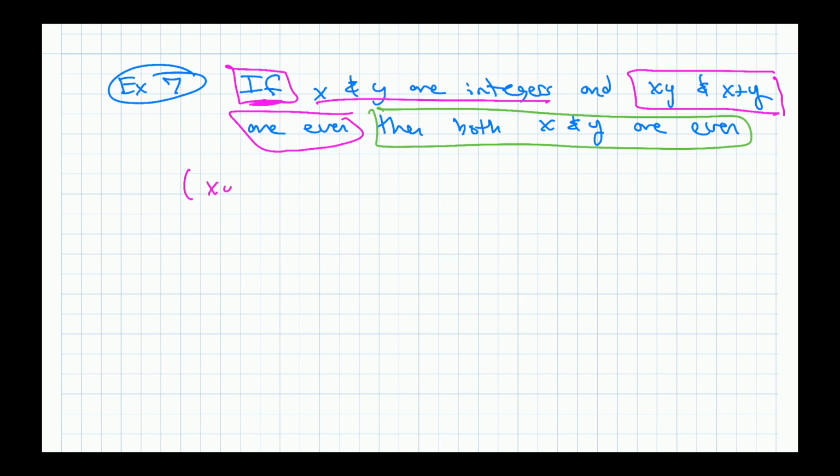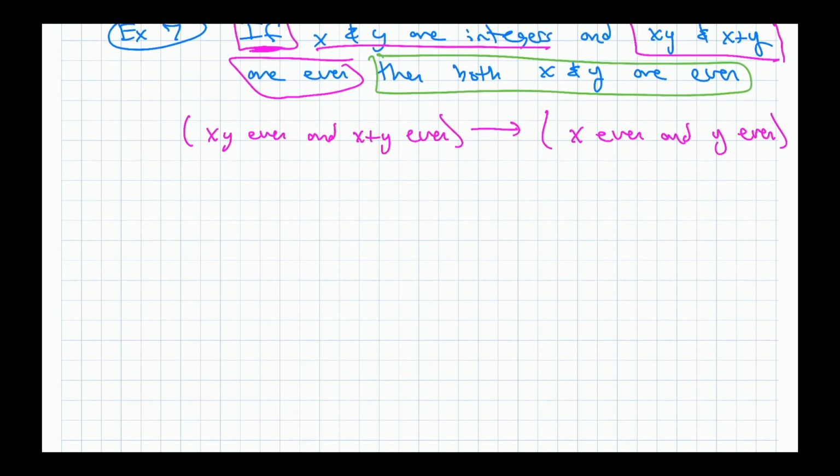It's xy even and x plus y even implies x even and y even. That's the structure of this. And we know that they're integers, but I don't need to write that right here. So that's what you're trying to prove.